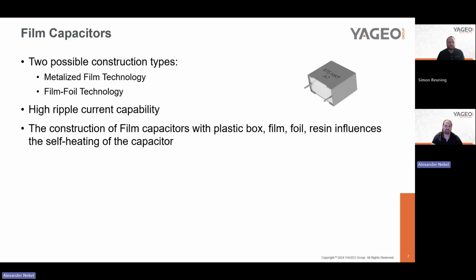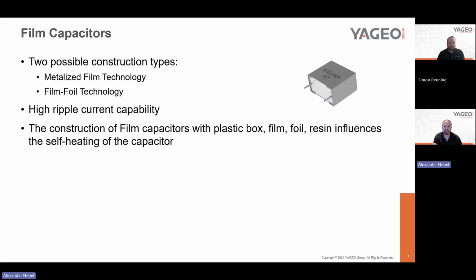The next technology is the film capacitor technology. They are available in two main different construction types, either in metallized film technology, where the film is the dielectric, or a combination of a film as dielectric and two additional aluminum foils as electrodes. The main reason for the usage of film technology is the higher current capability.